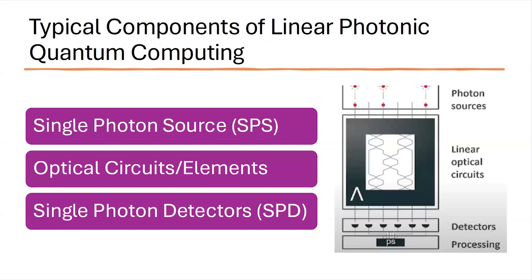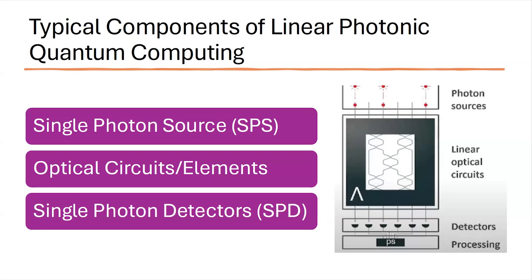Okay, so in general, what is the overview of a linear optical computing device? You need a reliable source of photons, ideally a single photon or entangled photon generator, and it should ideally work deterministically on demand.